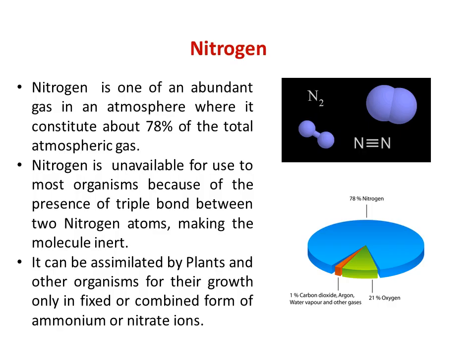So before going into detail about biological nitrogen fixation, let us study what this nitrogen is. As we all know, this is one of the gases present in the atmosphere, which constitutes about 78% of the total atmospheric gas. As we could see in this pie chart, compared to the other gases present in our atmosphere, 78% is constituted by nitrogen.